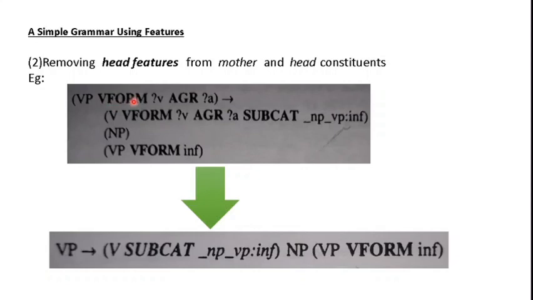So those features are directly removed. And on the right, we have the head constituent, and again from the head constituent VForm and AGR are removed. One more thing: the head features have the same values for mother as well as head. VForm has the value V here and AGR has the value A here, and the same variables are repeated on the right. So this reduces some complexity in writing.